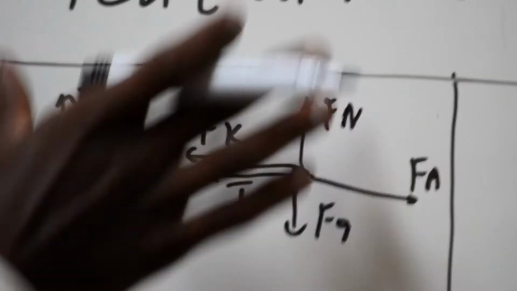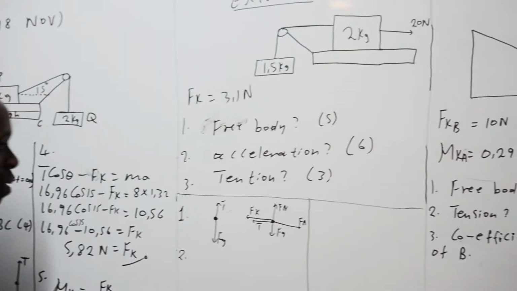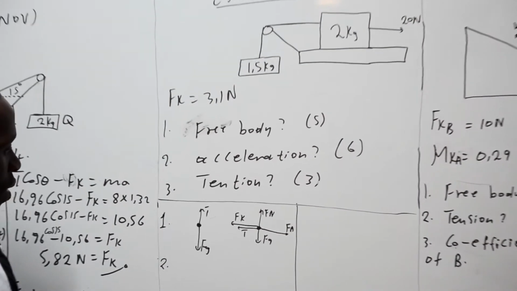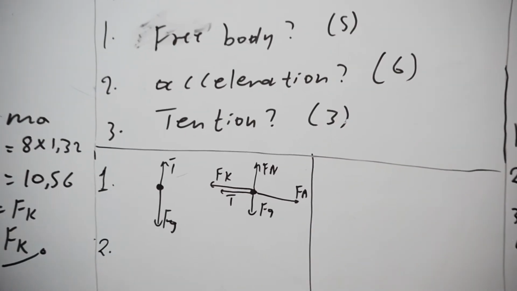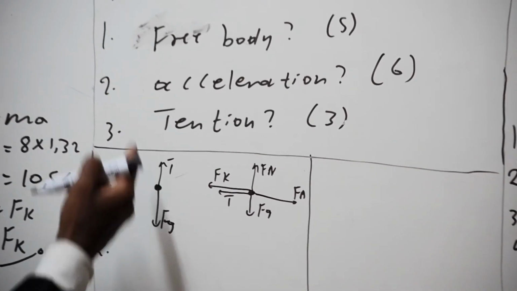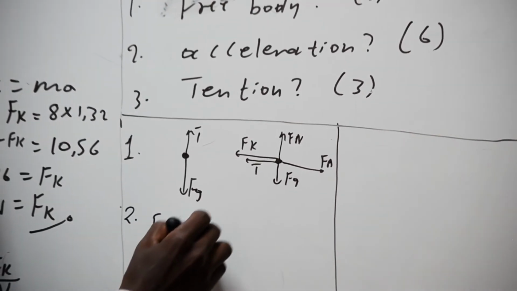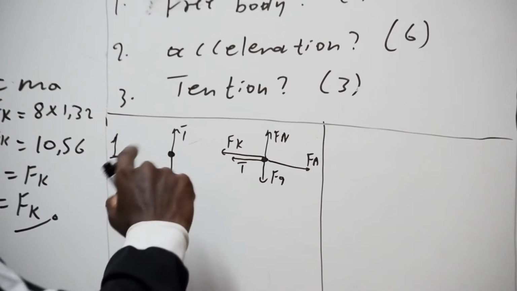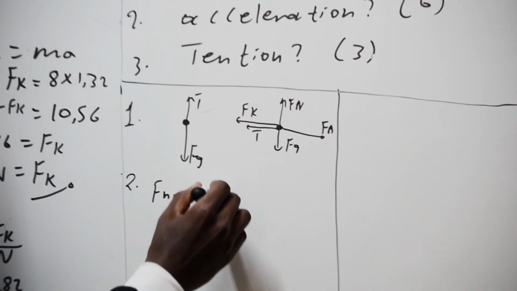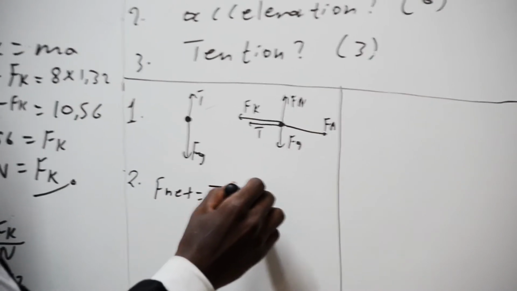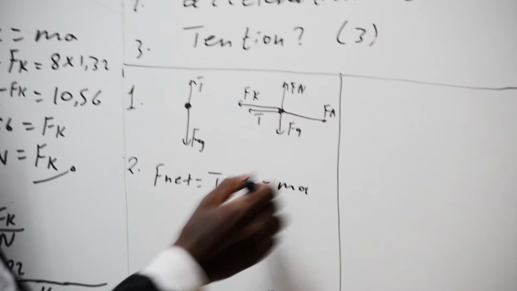Okay, let's come to number 2, where we have to find the acceleration of the object. You can do this in many ways, but I'll only show 2 ways. Find F net for this one. F net is equal to, the object is going up, because when this block moves right this one goes up, so your tension is positive, gravity is negative, equal to ma.